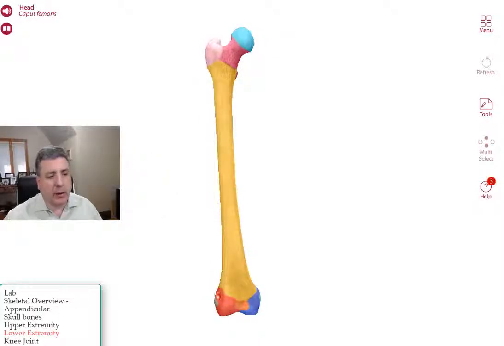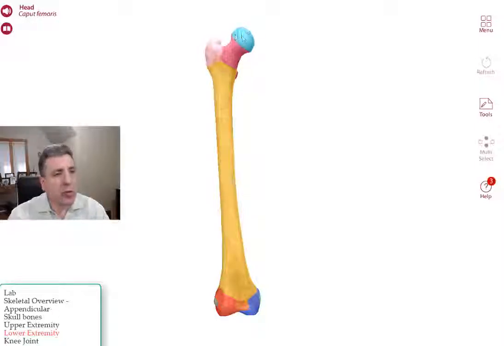The patella is going to be over the distal end anteriorly. This will help orient you to figure out if this is the right side or left side of the body. So now we have medial and lateral determined, we have anterior and posterior, and then it's just an easy piecing together to figure out if it's right or left side.